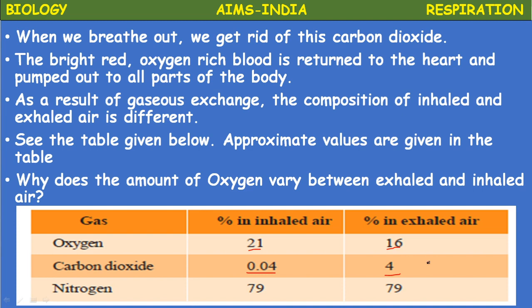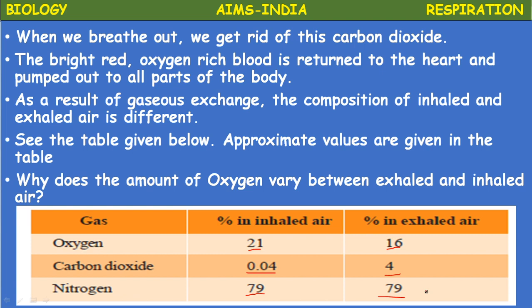Whereas the nitrogen gas is the same, 79%. We didn't use that in the process of respiration. Only which gas have we used? Oxygen we have used. These are all approximate values.